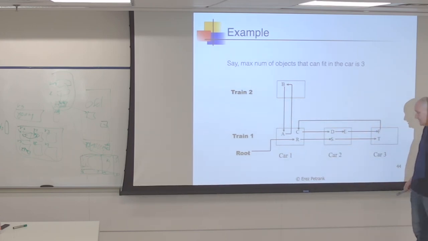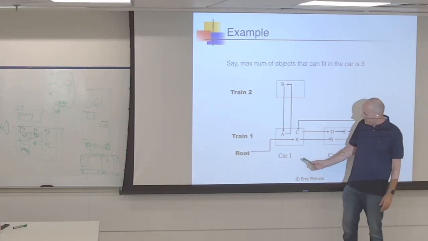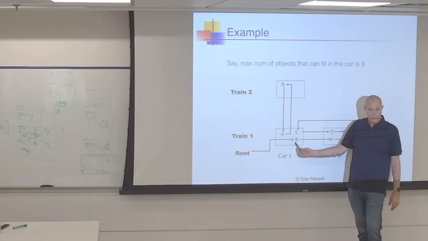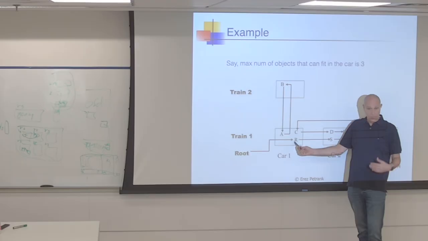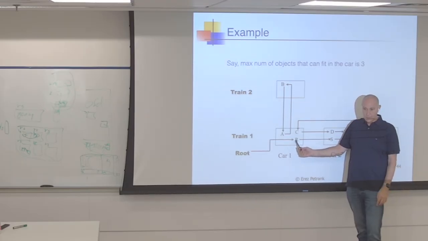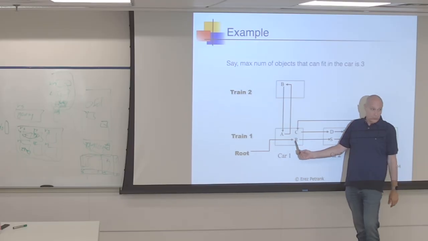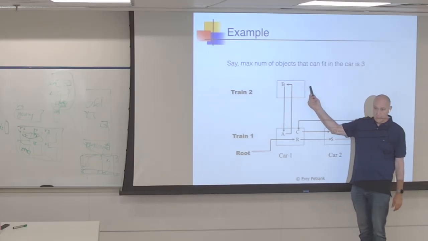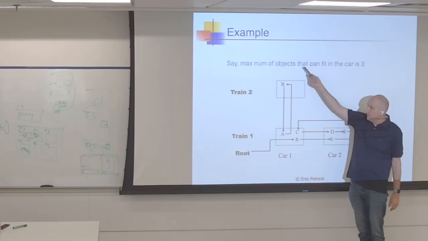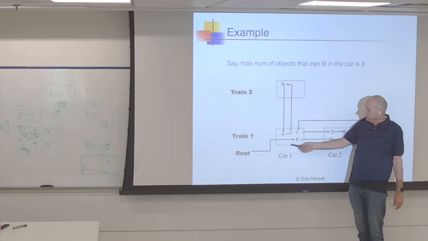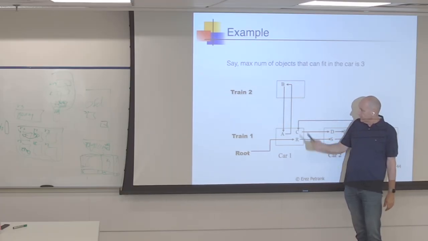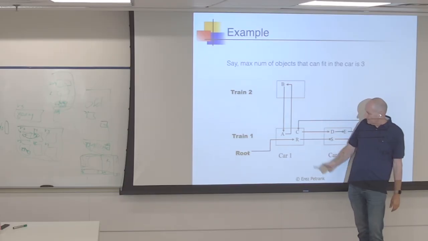So if I look at these, where should R go? According to the recipe we gave, R is reachable from the roots, so it should go up to the last train. If it's too large, we can make a new train, but here it should go to the last train.